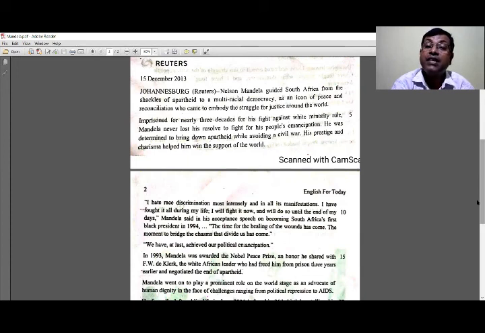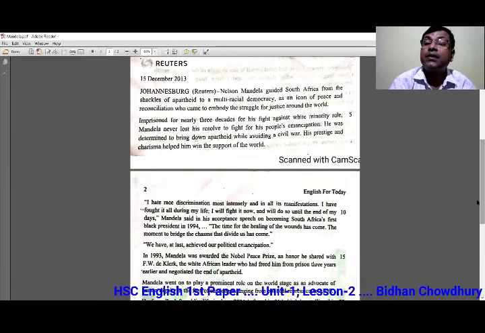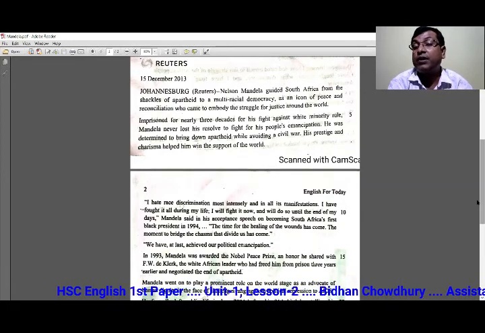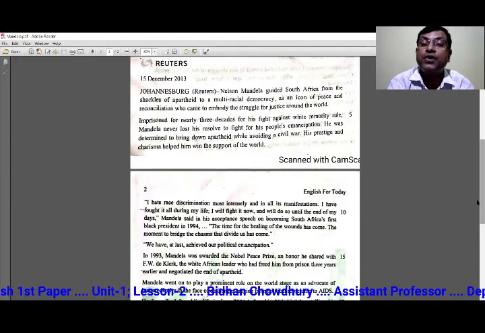His prestige and charisma helped him win the support of the world. That means Nelson Mandela fought against the black law of apartheid, but at the same time, he was very much aware not to create any civil war and disrupt the peaceful atmosphere of the society.